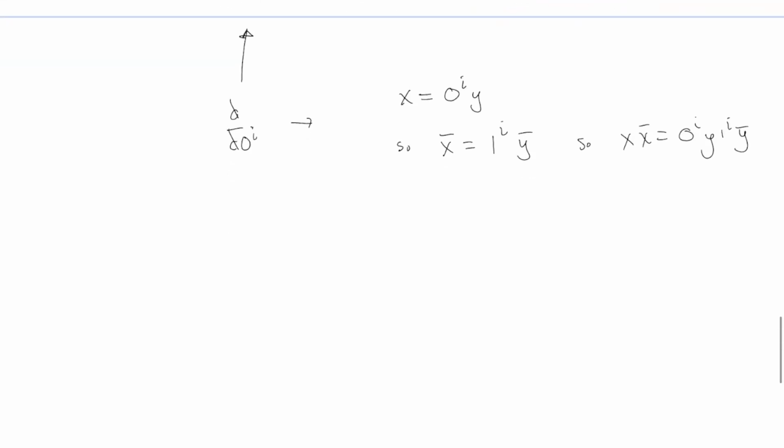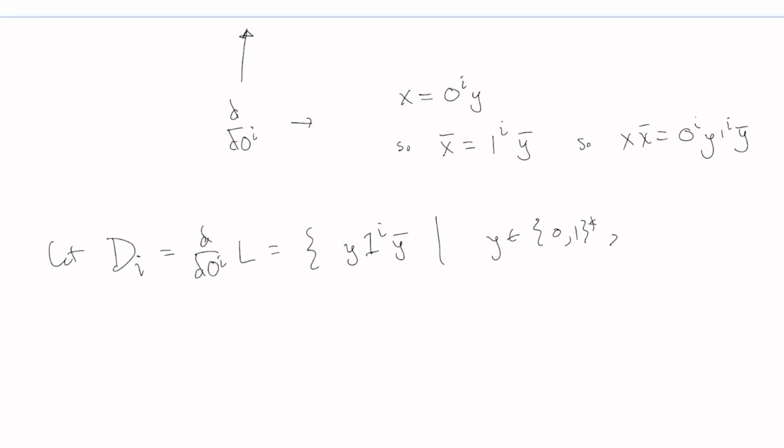And so now we can say what our derivative is. So d_i is going to be this derivative. Now, if you took the derivative with respect to 1, that's just as good. Everything would be slightly different. This is now going to have this format: y 1 to the i y bar, where y is anything in {0,1}*.